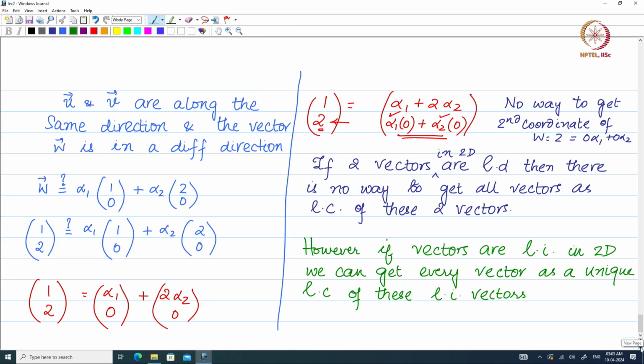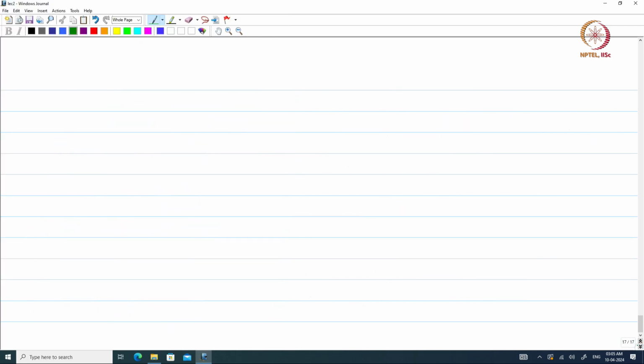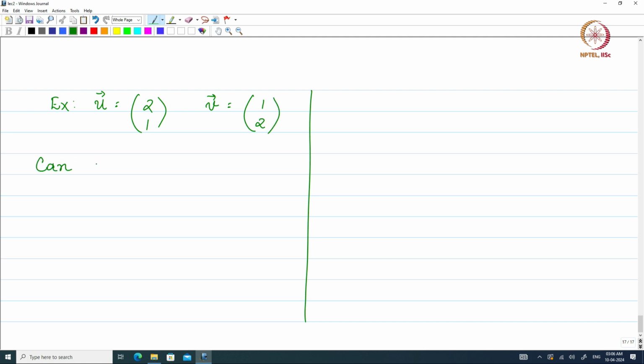So, let us take an example here. Let us take u to be the vector 2 1 and v to be the vector 1 2. Now, let us check: let us call this the w vector, w equal to 4 5.